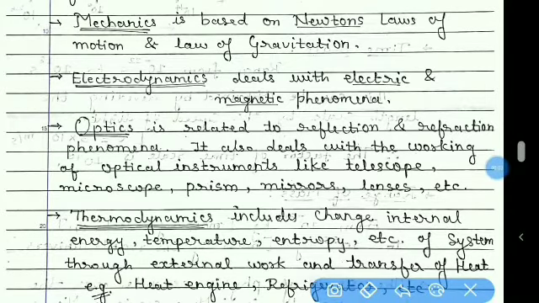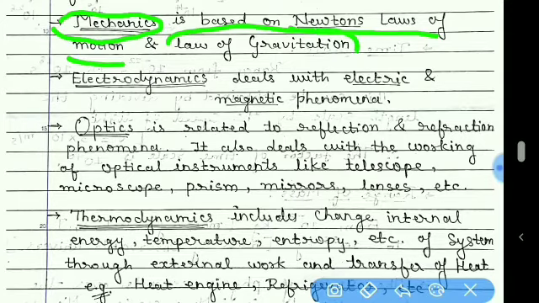Now let us study a few branches of physics. Mechanics is a branch of physics which generally deals with Newton's laws of motion. We know that there are three laws of motion as well as a universal law of gravitation.